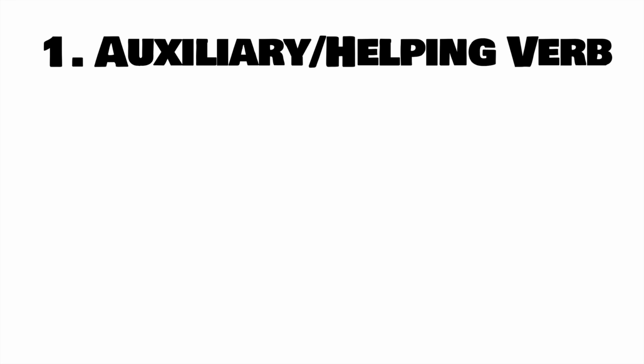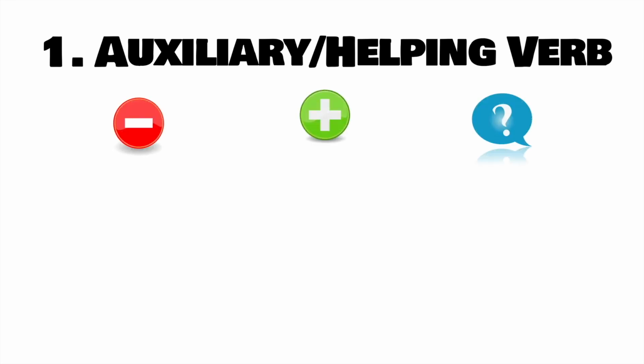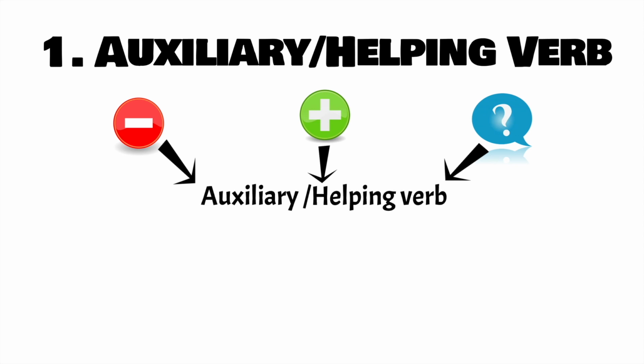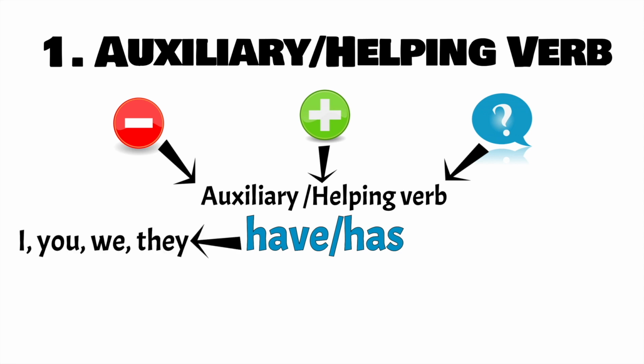auxiliary helping verb. Well, for a negative sentence, an affirmative sentence, or a question, we need an auxiliary. And that auxiliary or helping verb is have or has. You know that have is for the I, you, we, and they pronouns.